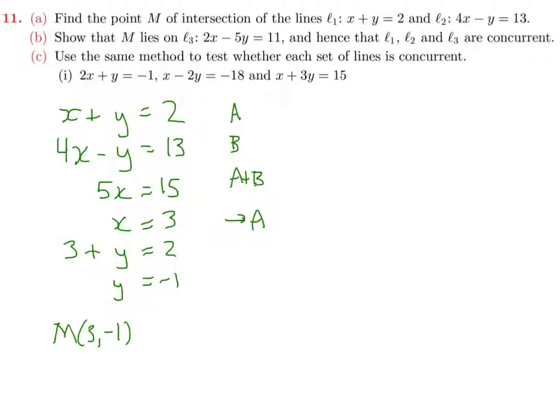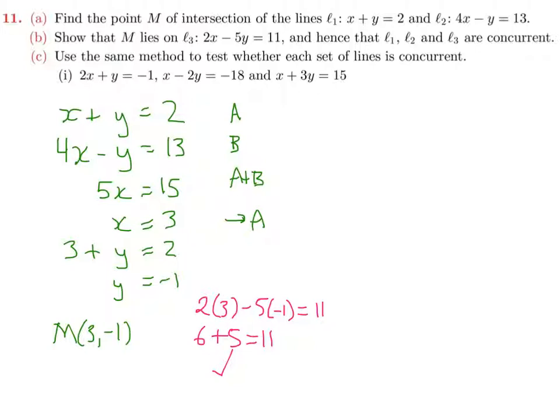Now, to test whether M lies on L3, we just have to substitute in. So 2 brackets 3 minus 5 brackets minus 1 equals 11. In other words, 6 plus 5 equals 11, which is a true statement. Therefore, because M lies on L3 and it's the point of intersection of L1 and L2, they are all concurrent.